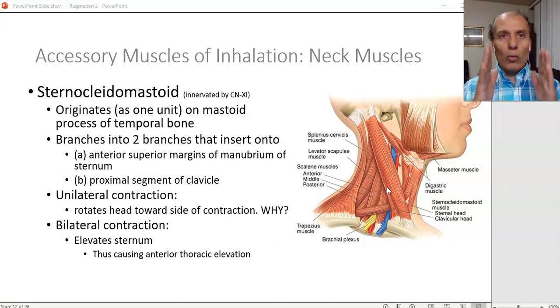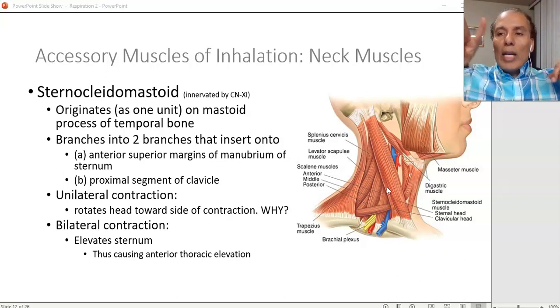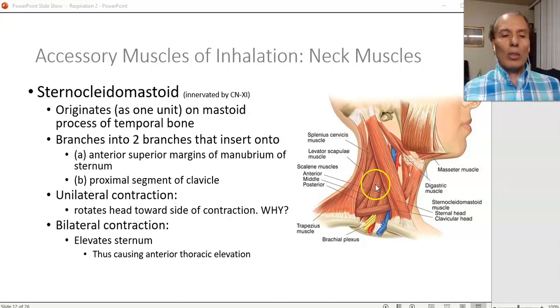When you fixate and activate both, that's bilateral contraction, that will elevate the chest. And if you can do this, put your hands on your shoulder bones here, on the clavicles, and take a deep breath and see what happens. A deep breath, you immediately start to elevate.